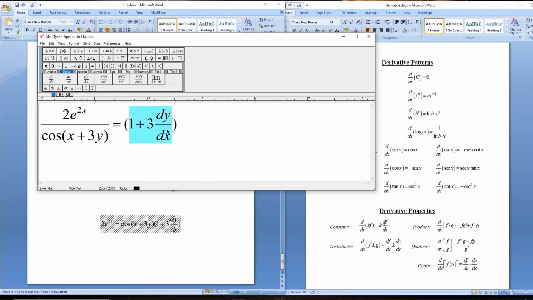And now that there's no more multiplication on the right side, we don't need that parentheses anymore. And to continue on isolating dy dx, we'll subtract 1 from both sides. And now finally, we'll divide everything by 3.